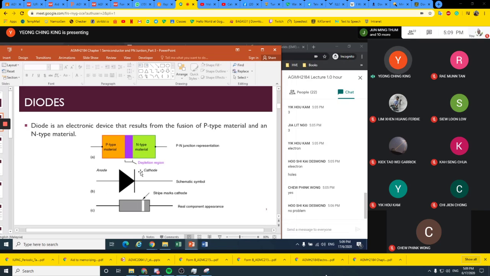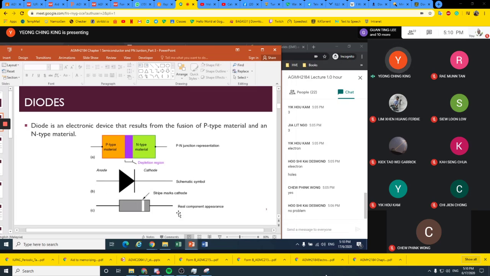The side with a straight line is the cathode. That means it's the negative terminal, and anode is the positive terminal. Therefore, the direction of the current flow is from the anode to the cathode. So when you connect correctly, your current can flow from anode to cathode. If in the reverse direction, this straight line will stop the current from flowing through the diode.